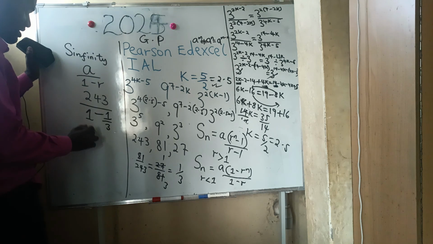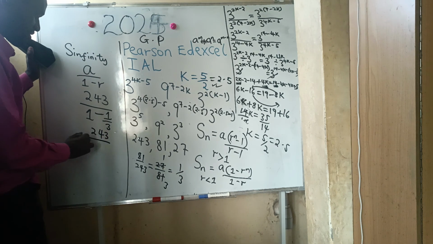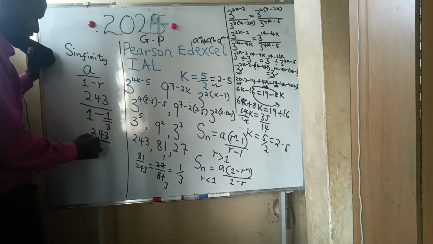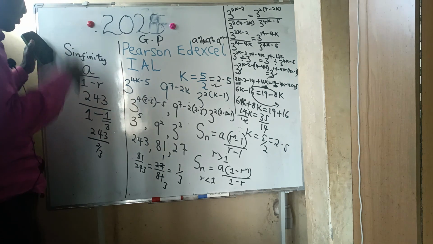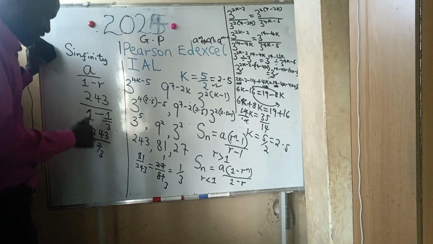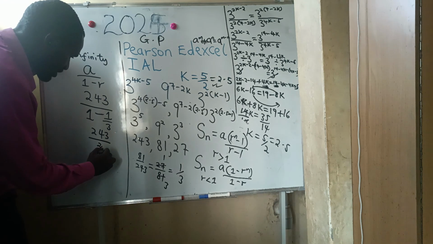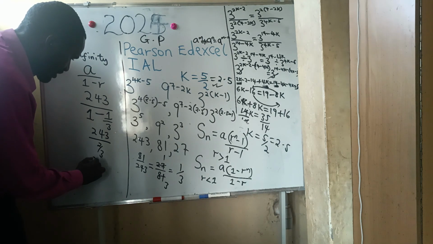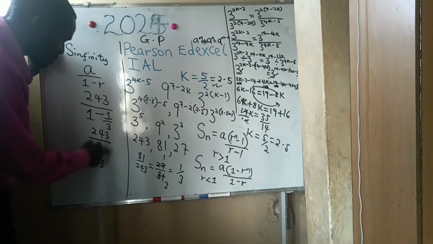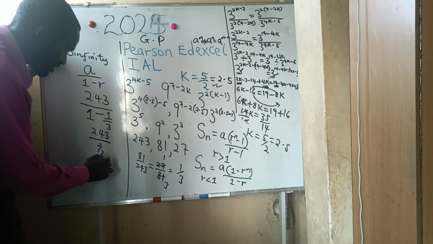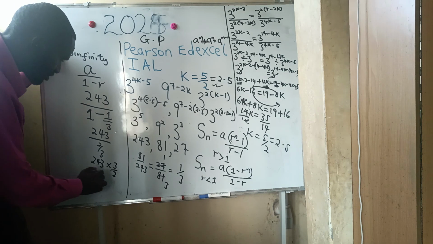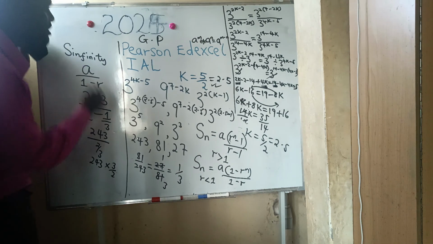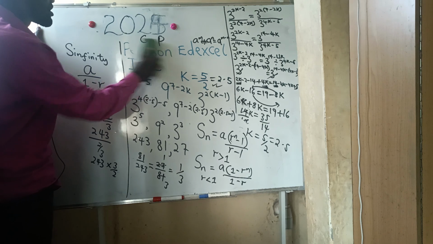So you can transfer that ratio here, that is 1 over 3. That translates into 243 over 2 over 3, that is 1 minus a third, or 3 over 3 minus a third. So the final answer is 243 divided by 2 over 3, which translates into times 3 over 2.